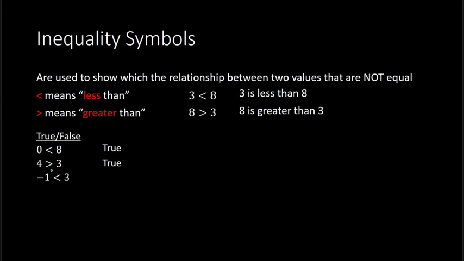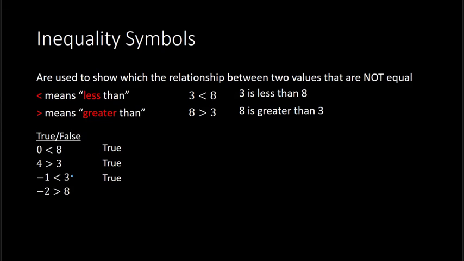Next we have this. Is this true or is this false? Well, in English we would say -1 is less than 3. That is a true statement, and we can also verify that because the 3 is bigger and the mouth is facing the 3. So therefore it's a true statement.